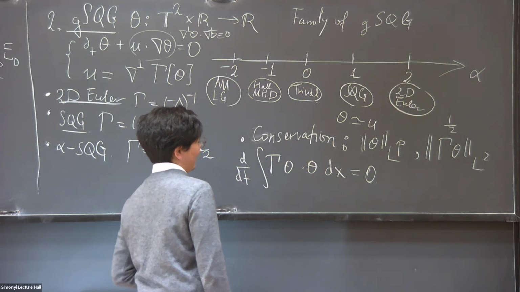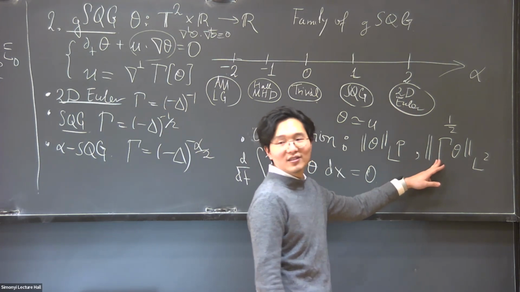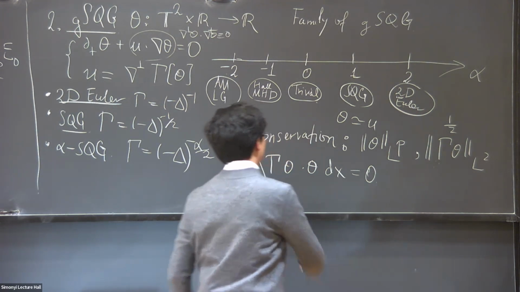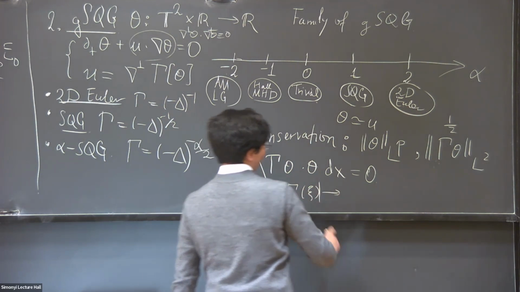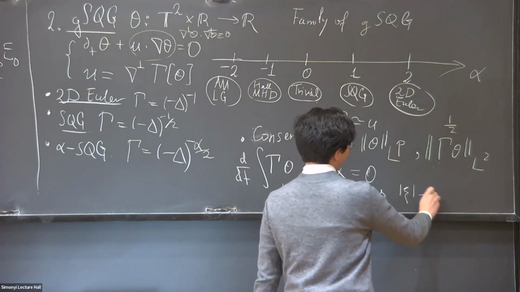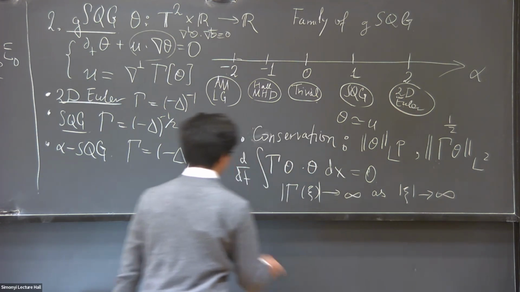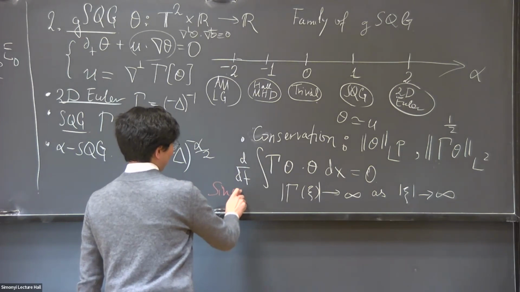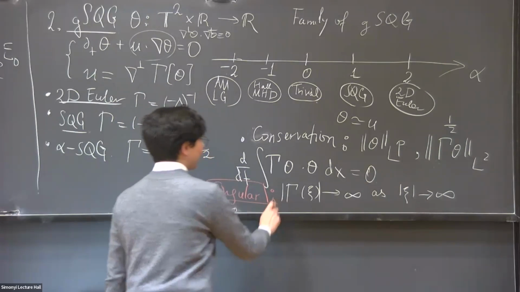What is interesting is that when gamma is singular, in the sense that gamma of xi becomes infinite as xi goes to infinity, I will refer to this as a singular region of generalized SQG.